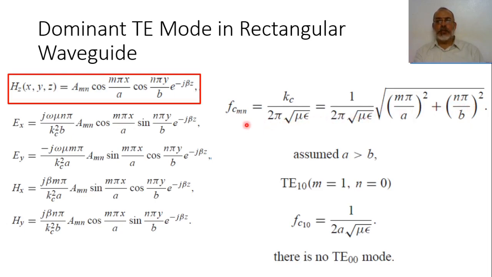The values of m and n can be 0, 1, 2, 3, and 4. However, m and n cannot be 0 simultaneously.